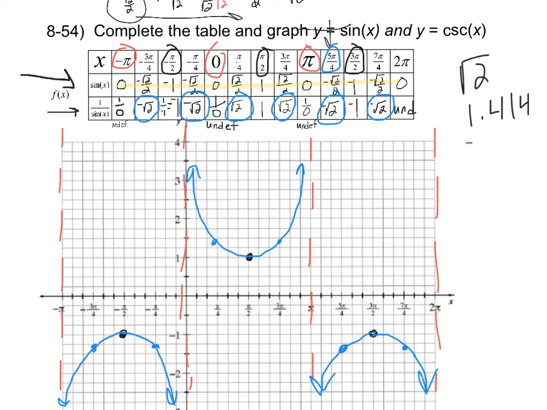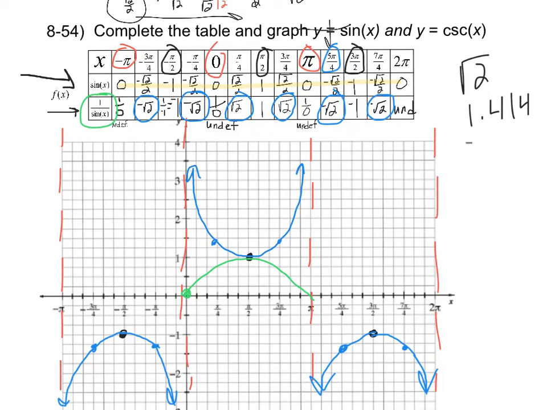Well, that has to do with the sine function. If we go back now and graph the sine function starting at the origin, we know the sine function has a hump from 0 to pi. Well, an inverse of that means we're taking 1 over every output value.